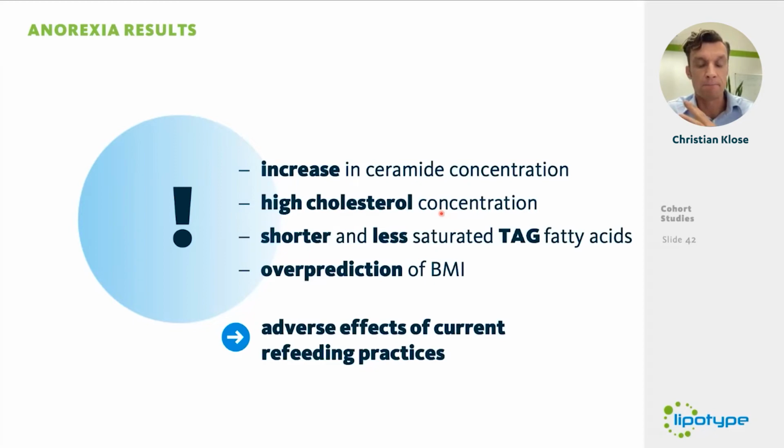The clinicians we work together with say that these results really suggest that one should rethink these refeeding practices. But also what's clear is that more follow-up studies are required in order to investigate the long-term effects of the refeeding to really substantiate these conclusions.